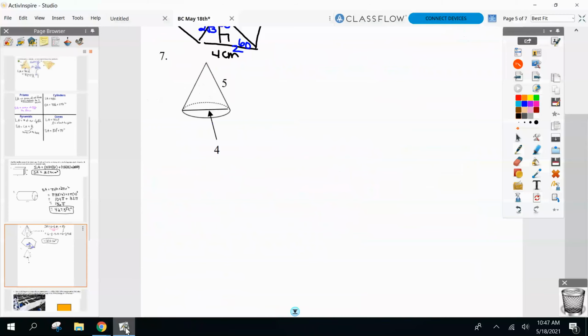Audrey, here we go. Can you give me the surface area of a cone? It's the area of the base, which is pi r squared, the circle. And then the lateral area, which is pi times the radius times the slant height.